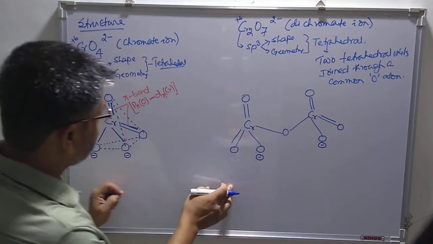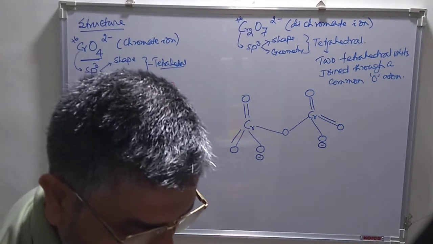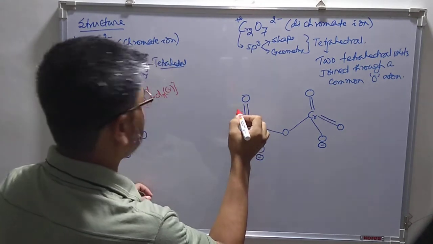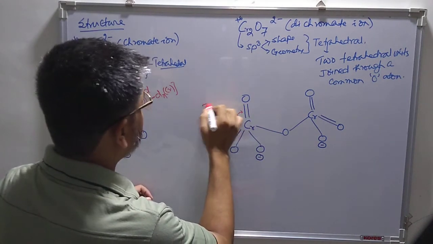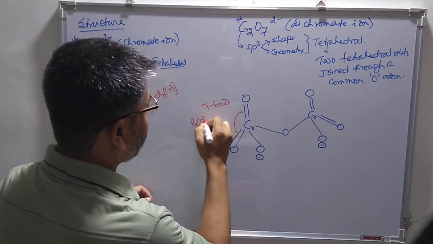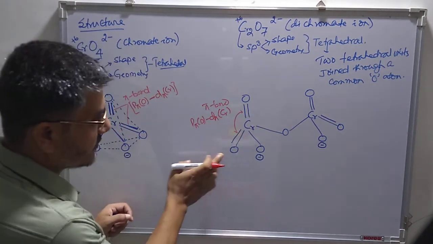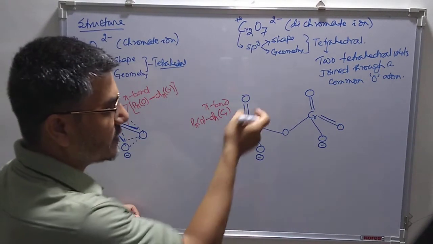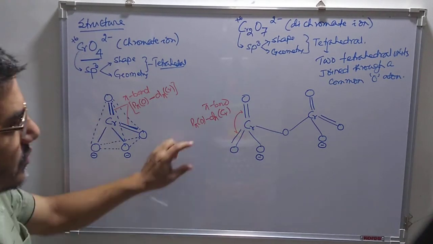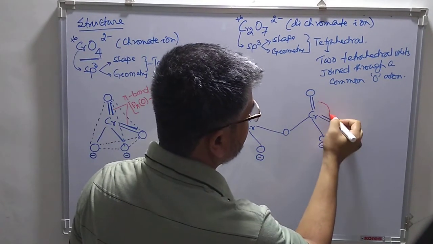Now, looking at this structure, again this pi bond is formed by p pi d pi. Electron density is transferred from the filled p orbital of oxygen to the vacant d orbital of chromium, resulting in a stronger bond, which results in more stabilization of this dichromate ion or chromate ion.